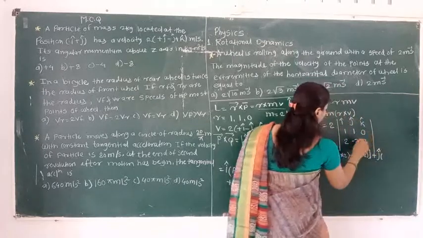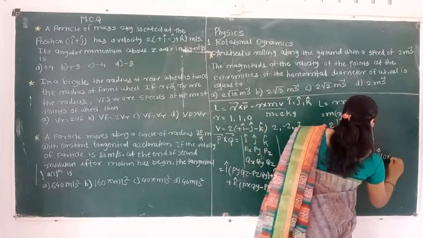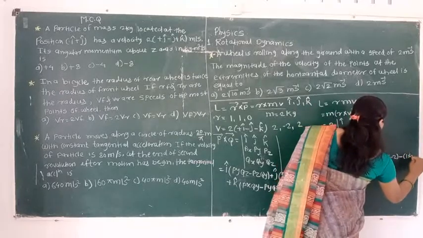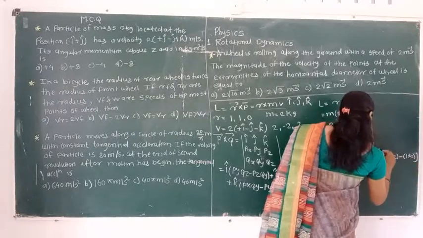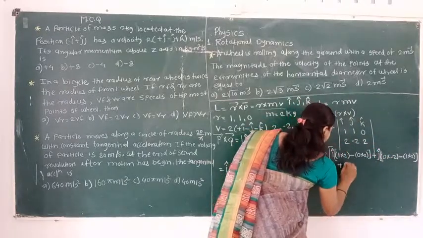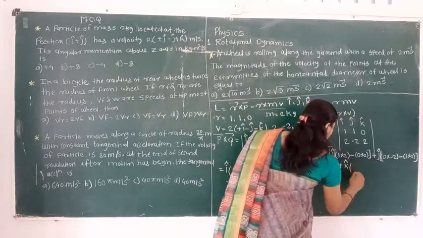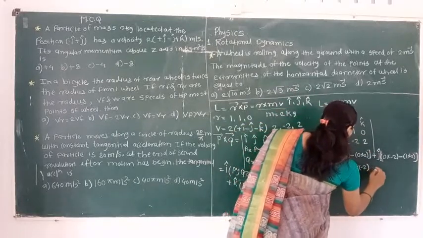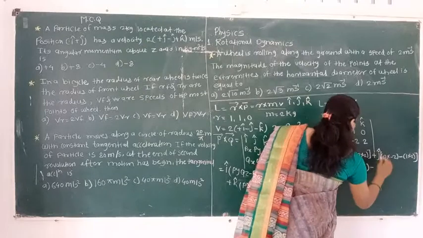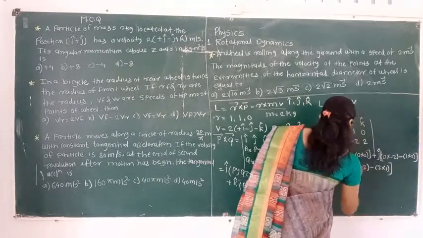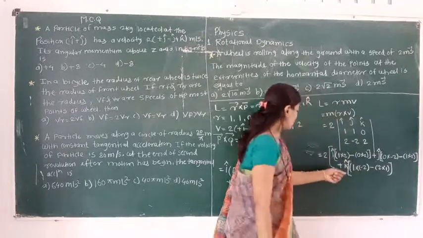For j bar we have to take 0 into -2 minus 1 into 2. So the square bracket is complete for j bar, plus the remaining k bar, where we get 1 into -2 minus 2 into 1. So this is for the value of k.